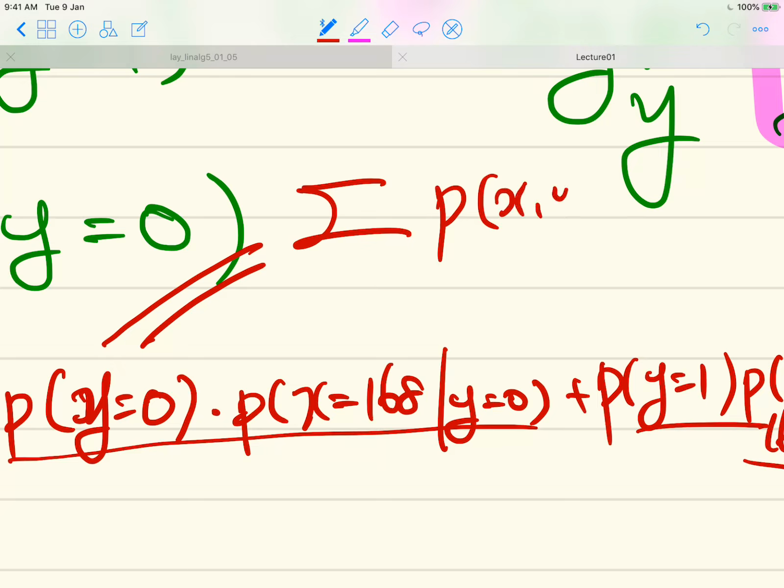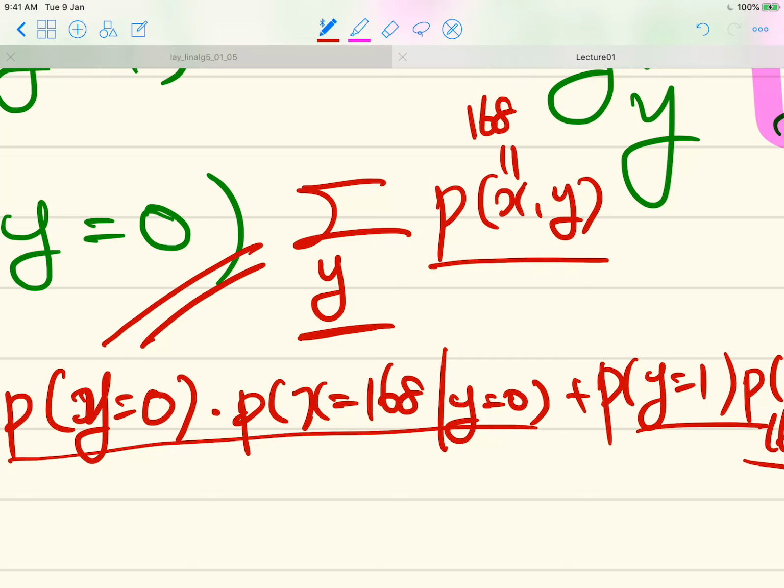Let's first consider this joint, okay? We consider this joint probability when x is given as 168, and then we sum this joint probability over all the possible y values, okay?